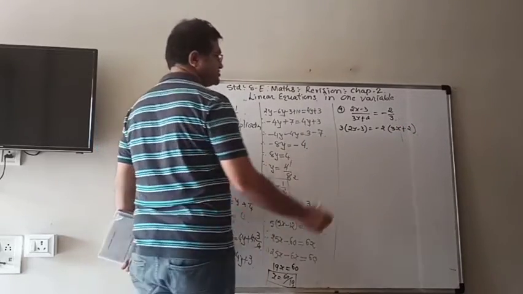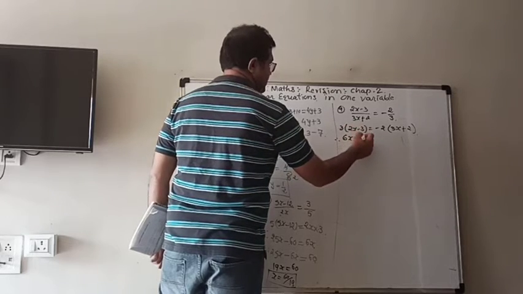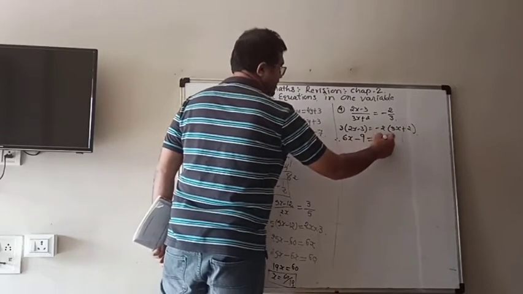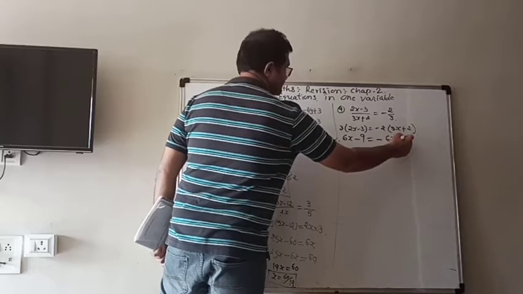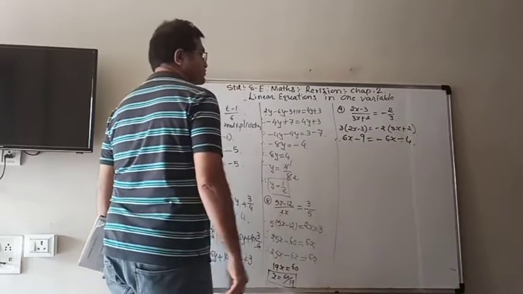Opening the bracket on both sides. So 3 2s are 6x minus 3 3s are 9 is equal to minus 2 3s are 6x and minus 2 2s are 4.